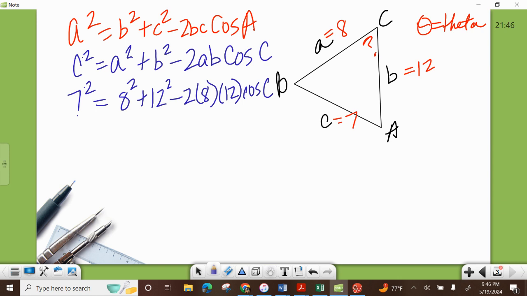Once again, we're going to use the calculator, and we're going to do 8 squared plus 12 squared. So we've got 144 plus 64, which I believe would be 208.